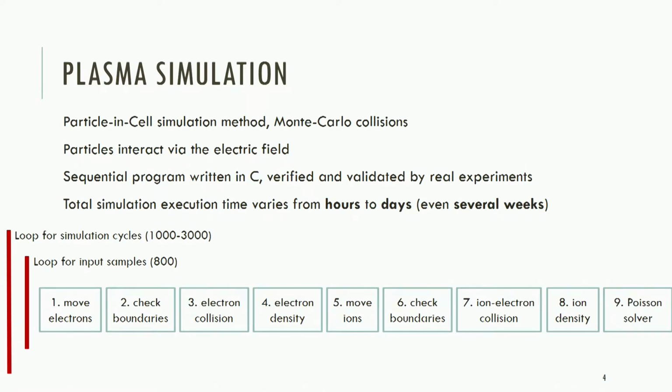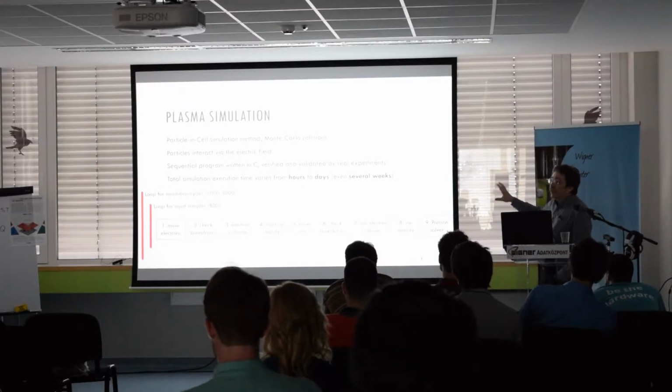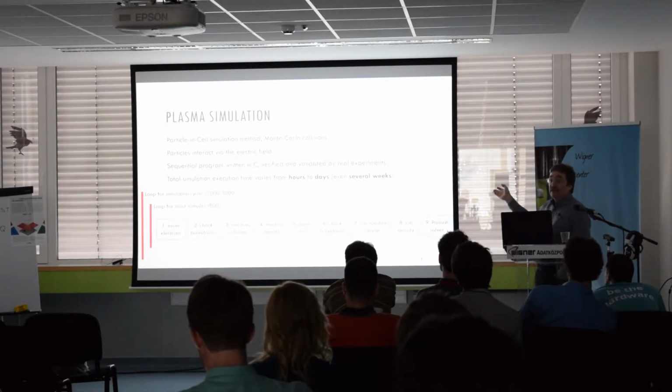And this double cycle and all the steps that we do in the body of the loop takes roughly from 1 hour to several weeks, depending on the conditions in the experiment.